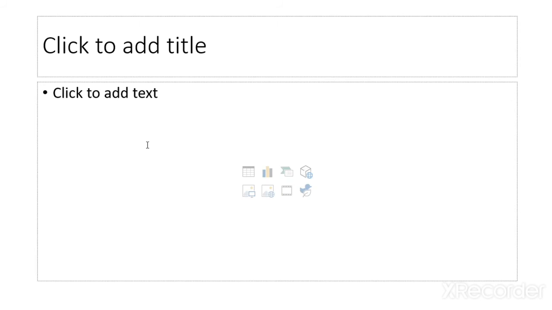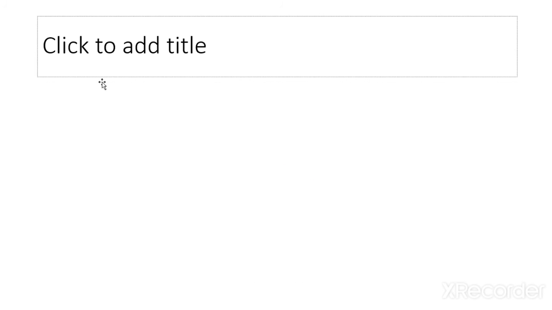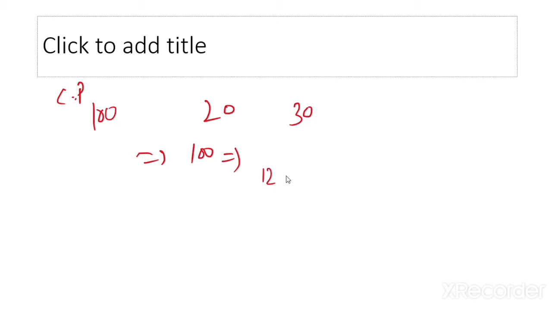See, just suppose, just wait a minute. Just see now. Just suppose if CP is 100 and you are having two successive profits of 20% and 30%, what does it mean? First you will gain 20, means your SP will be 120.